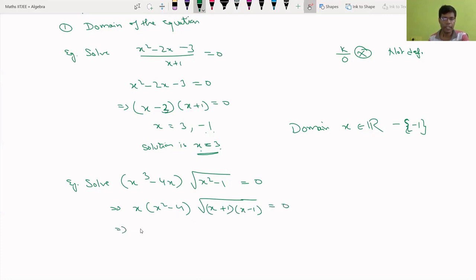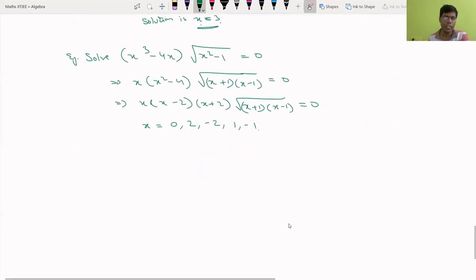So this x square minus 4 can be rewritten as x minus 2, x plus 2. So what are the solutions for this? x is equal to 0, 2, minus 2, 1, minus 1. So this is the solution which we are getting.